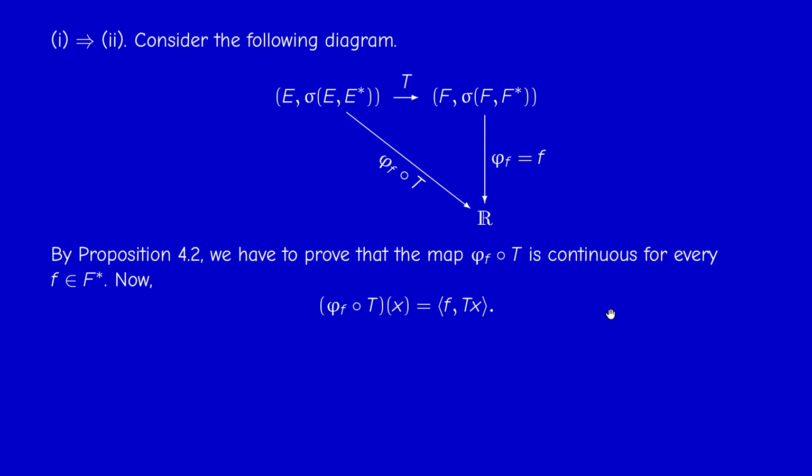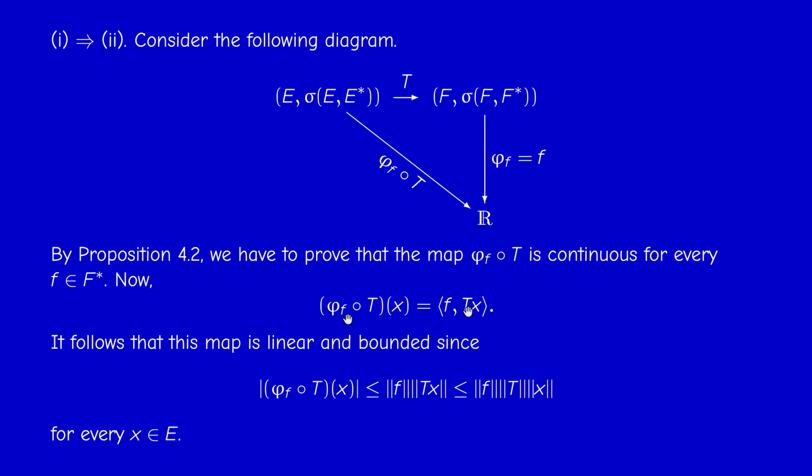Now, this is of course a linear map from E to R, because it's just the composition of 2 linear maps, and it's bounded, moreover, because if we take the values in R, the norm on R is just the absolute value. So the absolute value of phi_f of T at x is just the absolute value of this number. So this is less than the norm of f times the norm of Tx by the fundamental operator inequality. And since T is continuous strong, the norm of Tx is less or equal than the norm of T times the norm of x.